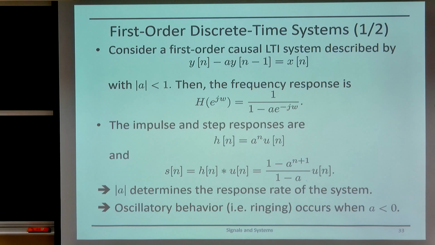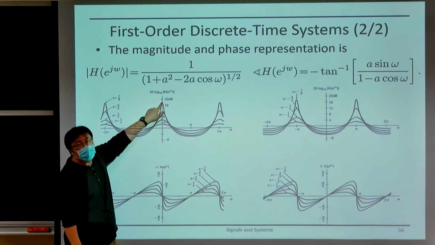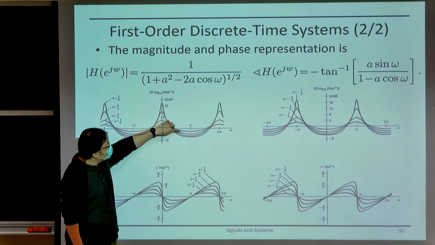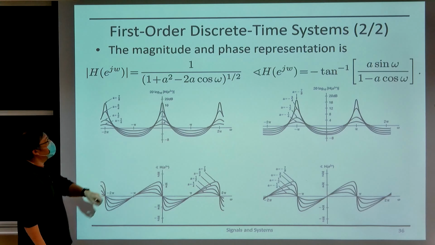So for A greater than 0, you can see that the log magnitude has a peak at 0 frequency and then decays towards pi and minus pi. Okay? So this is for A greater than 0, which attenuates at high frequency. Okay.